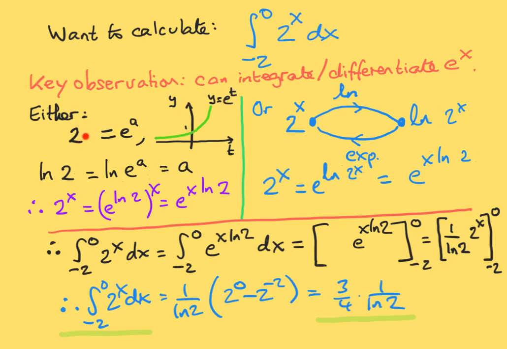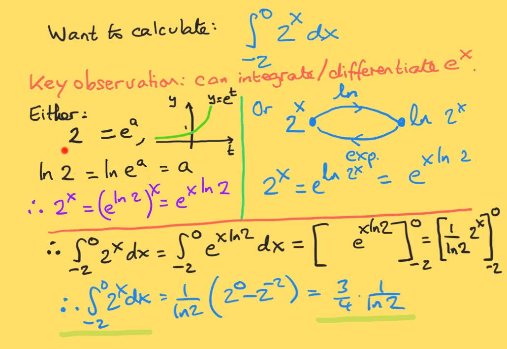So if you want to get 2, then 2 is higher than 1, so it's going to be a positive power of e. That power is going to be less than 1, because e to the 1 is e, which is 2.71828, etc. So it's somewhere between 0 and 1. You could work it out numerically. And that's going to be the power, so we can do it.